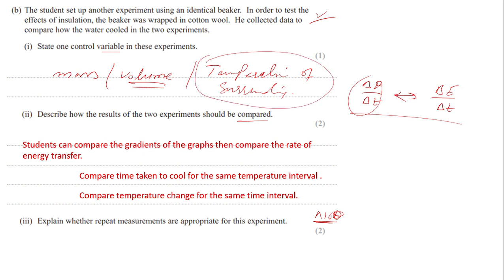You would have to wait a longer time for the temperature to become the same, and then start repeating your experiment. Because the temperature of the surroundings is going to change due to emission of heat from the water, it's not a good idea to repeat the experiment.